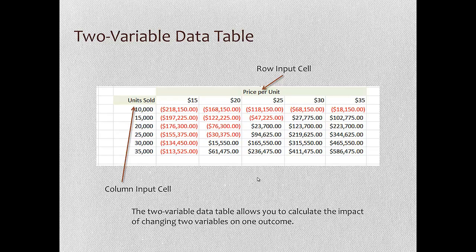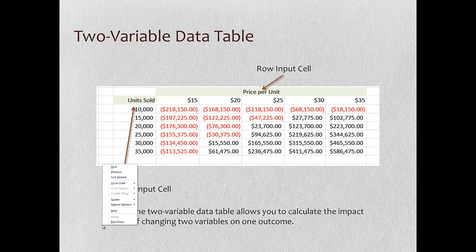It's just that you cannot project as many outcomes as you can with the one variable data table. So in this one, you've got the row input cell and the column input cell. This one is set up a little bit differently than what we're used to.